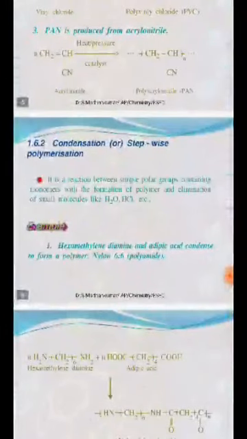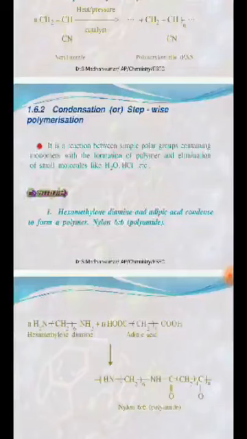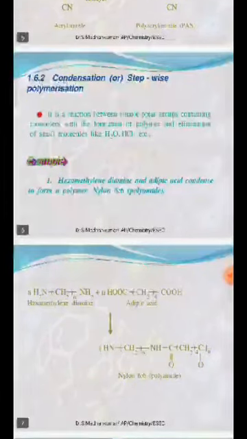Second one, condensation or step-wise polymerization. It is the reaction of monomers containing simple polar groups with the formation of a polymer and elimination of small molecules like water, HCl, etc. Examples: hexamethylene diamine reacted with adipic acid to form nylon 6,6.